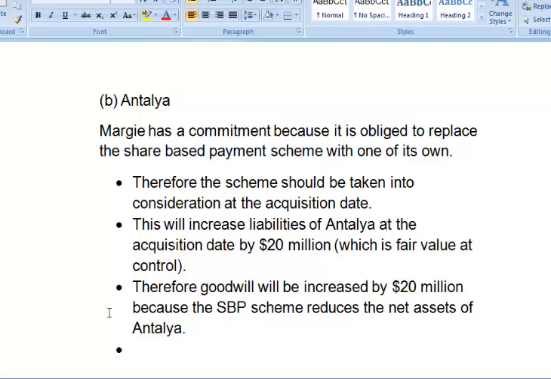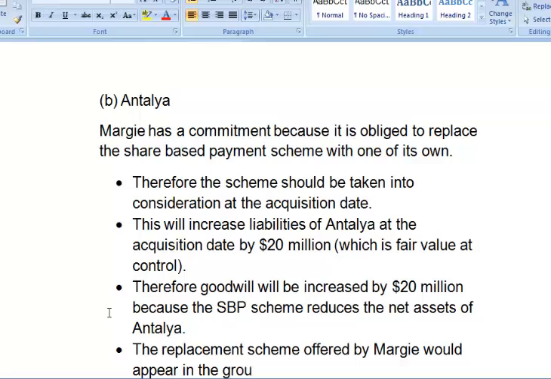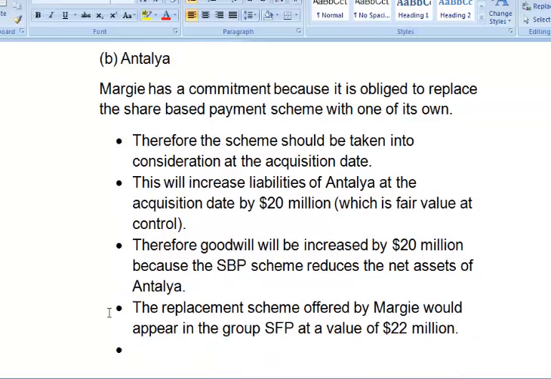Now I'm looking here for 6 marks. It says Margie issues a replacement award that does not require post-combination services. The replacement scheme offered by Margie would appear in the group SFP at a value of $22 million.